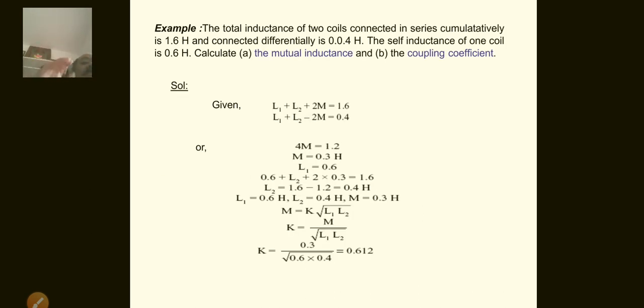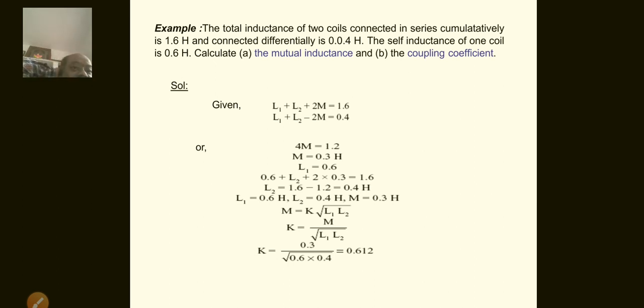For example, a simple tutorial problem: the total inductance of two coils connected in series cumulatively is 1.6 henries, and connected differentially is 0.4 henries. The self inductance of one coil is 0.6 henries. Calculate the mutual inductance and coupling coefficient.